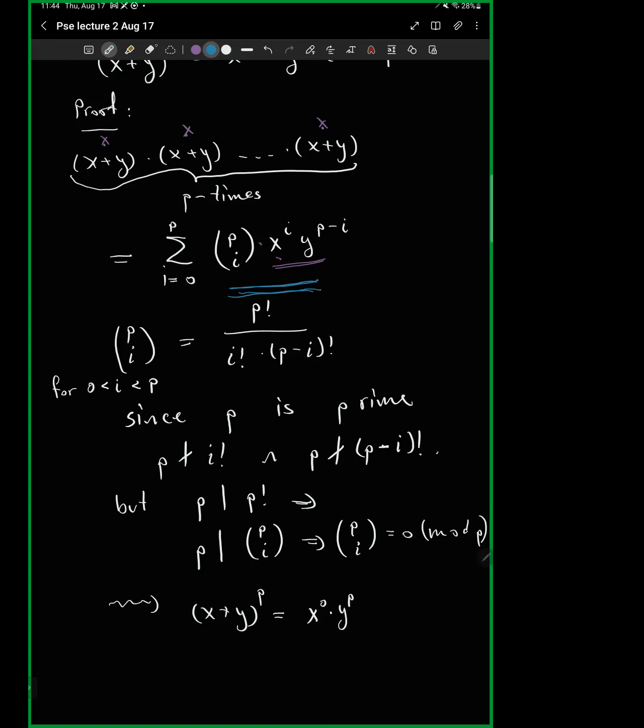And then I'm left with the terms in the edges, which are x to the 0, y to the p, plus x to the p, y to the 0. So this is x to the p plus y to the p, but of course this is only true if I do mod p.